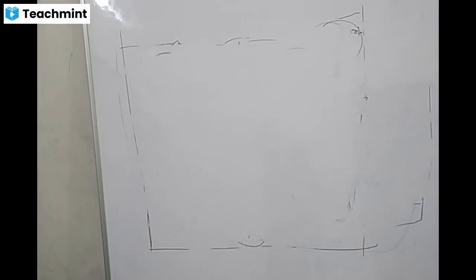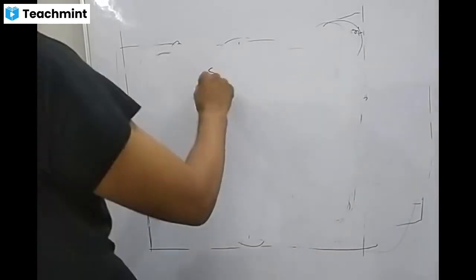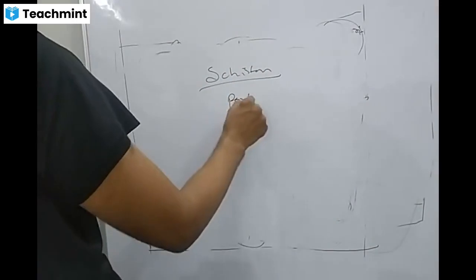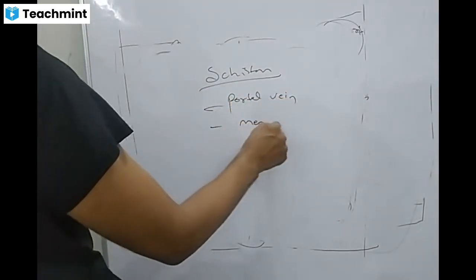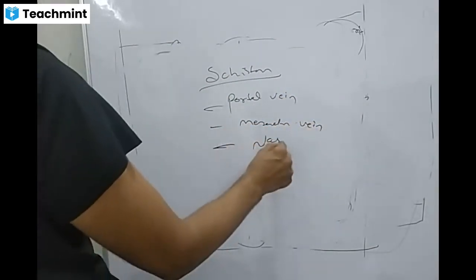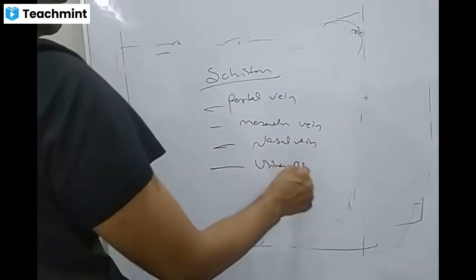Yes, Schistosoma will affect the liver. If you look at the site of the schistosomes, you will find they are present in the portal vein, mesenteric vein, nasal vein, and urinary bladder.